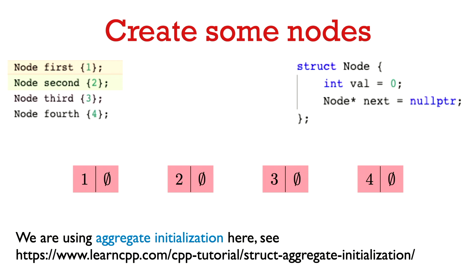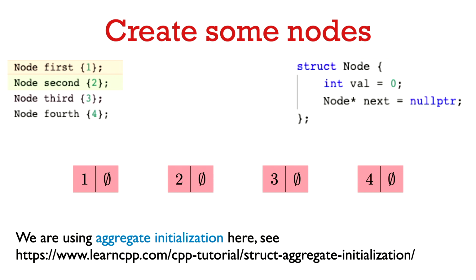So you see in this case, for each of first, second, third, and fourth, I just give a list with a single value. This value is going to be used to initialize the first member variable, which is val. And since the second value is not given, next is just going to take on its default value, which is null pointer.